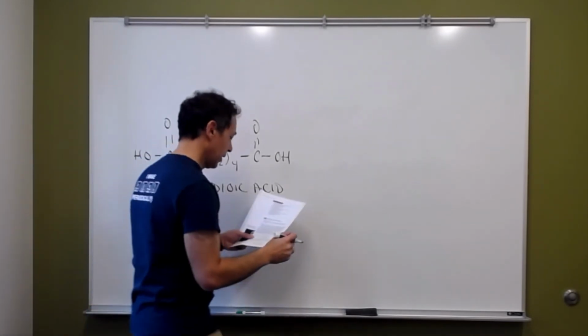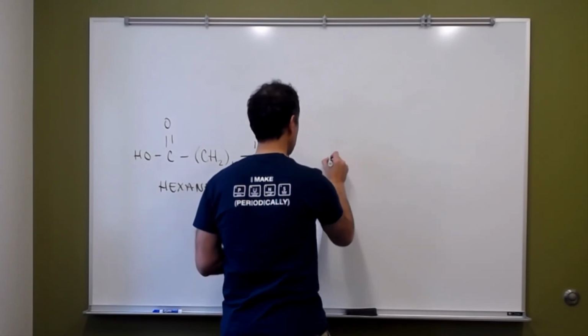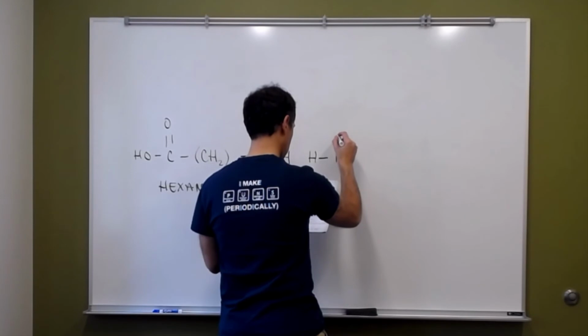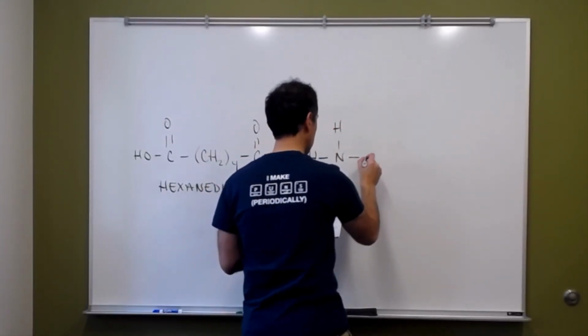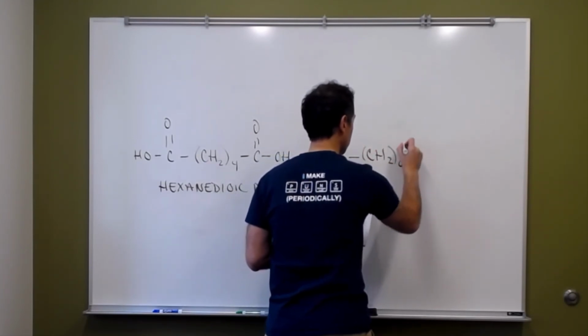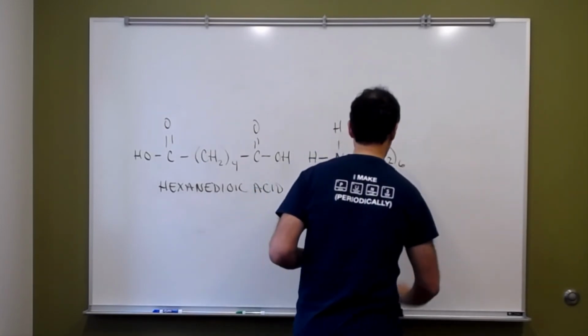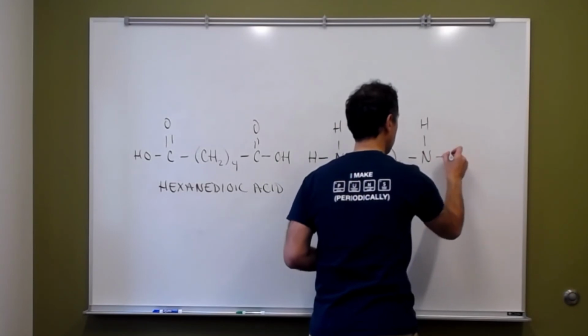And then another molecule here is going to be your nitrogen like this, and hydrogen like that, and then we're going to go CH2, and we're going to go 6 of those here, okay, and then nitrogen, hydrogen.